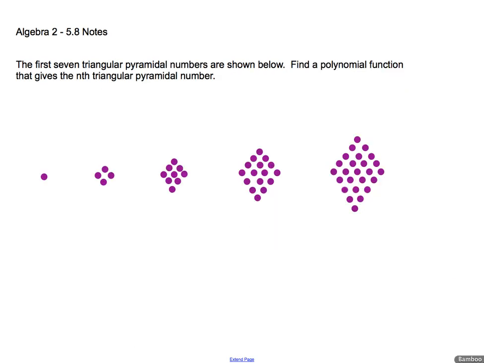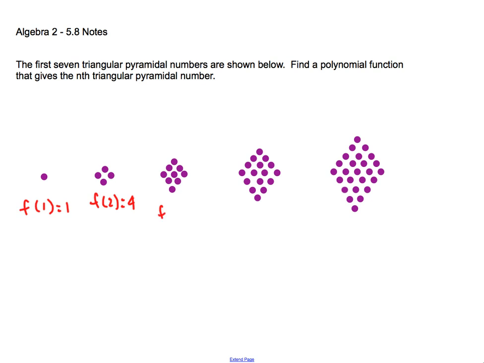Okay, the first 7 triangular pyramidal numbers are shown below. Find a polynomial function that gives the nth triangular pyramidal number. We're going to need our calculators, so have that thing close by. But let's just look at a few things here. F of 1, in other words, the very first triangular pyramidal number, is equal to 1. And f of 2, our second triangular pyramidal number, is equal to 4.